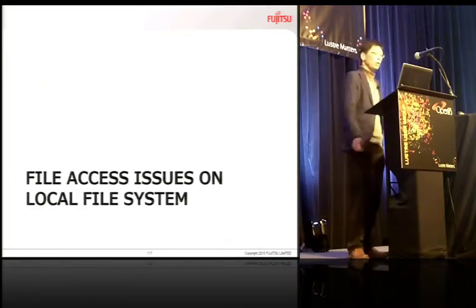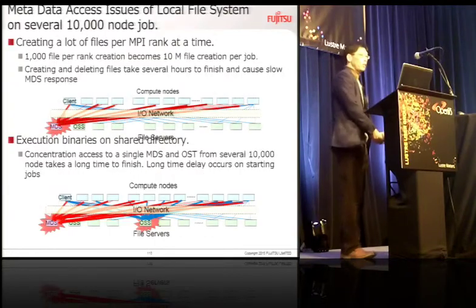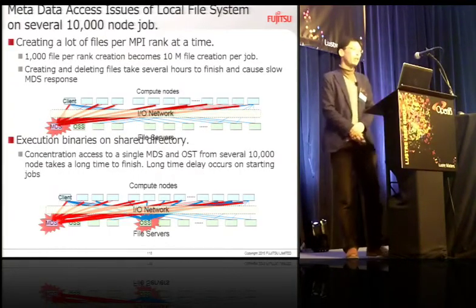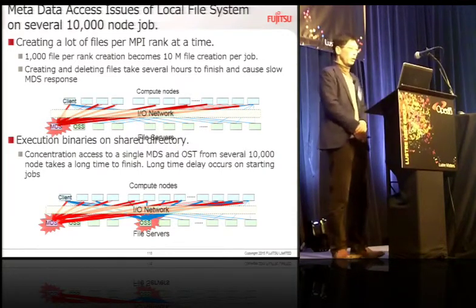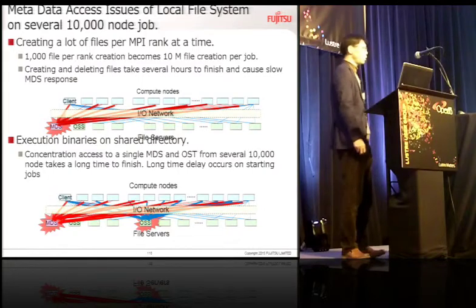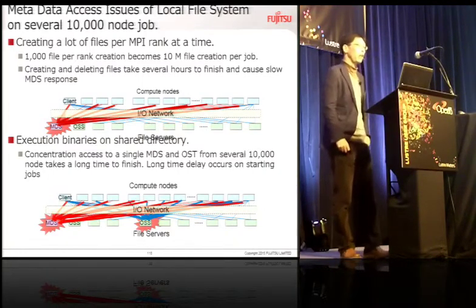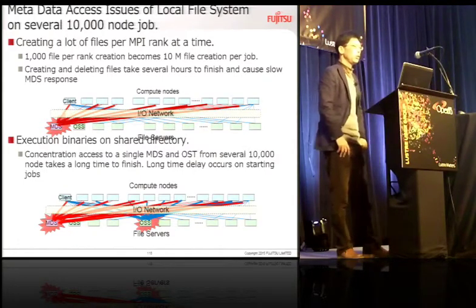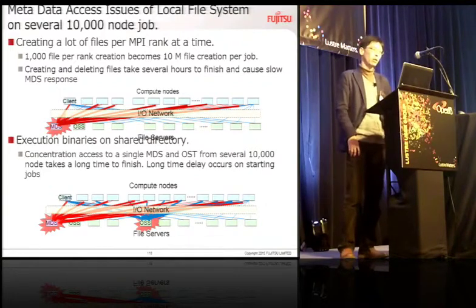So I talk about file access issues on the local file system. Metadata access in the local file system is a big problem. There are 2 issues. One is creating a lot of files per MPI rank at a time. For example, 1,000 files per rank becomes 10 million files created per job.